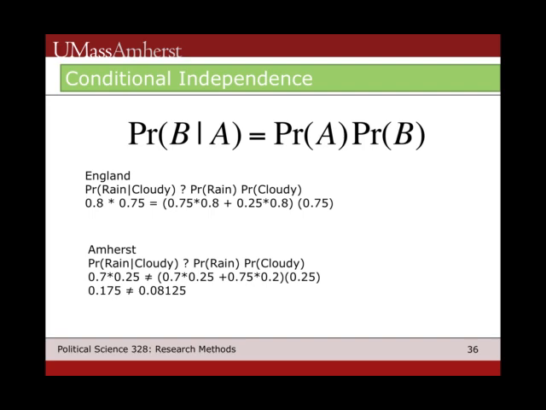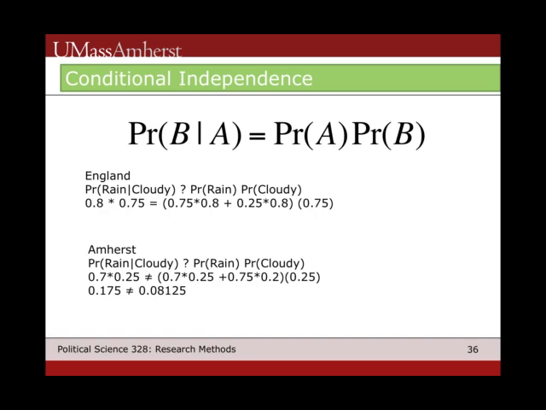So in the case of England, what you can see is that the probability of whether or not it's going to rain, times the probability that it's cloudy, is different in England and in Amherst. They just aren't equal. You can go through and do the math, but basically this is the way you calculate whether or not you have conditional independence. It should be that the probability of these outcomes isn't dependent.